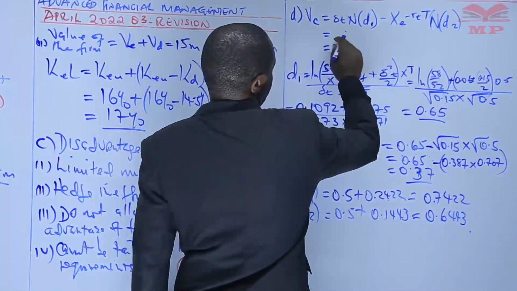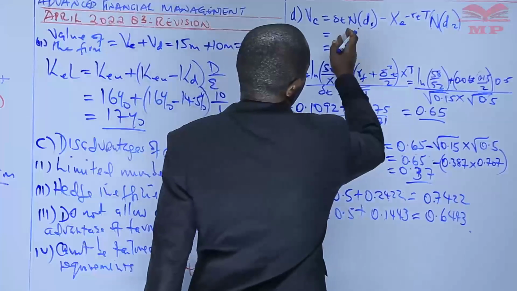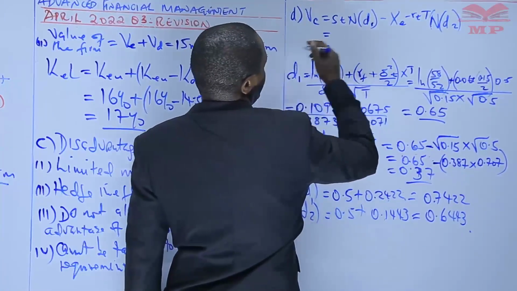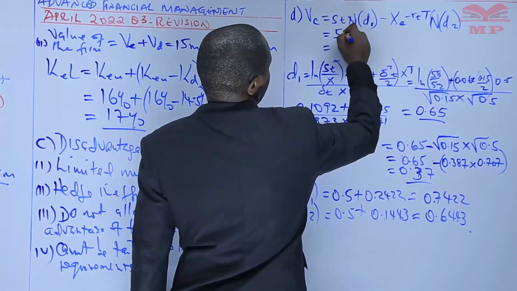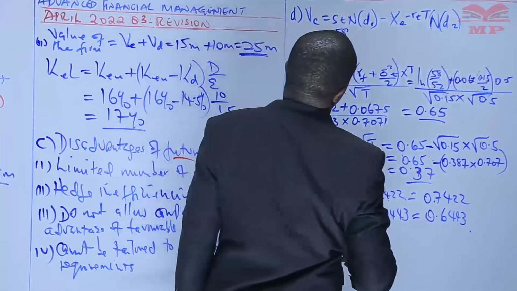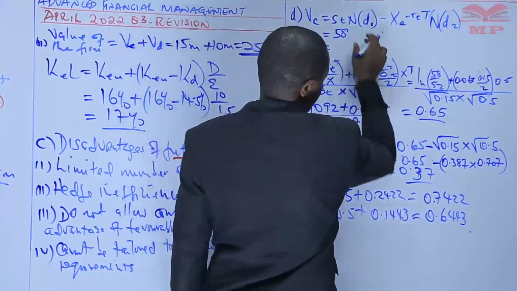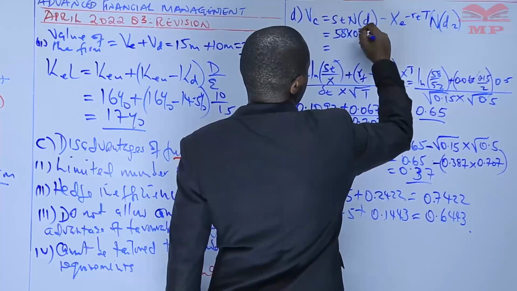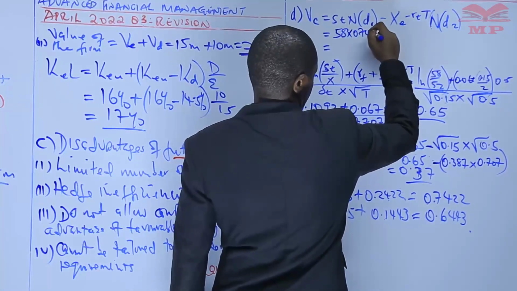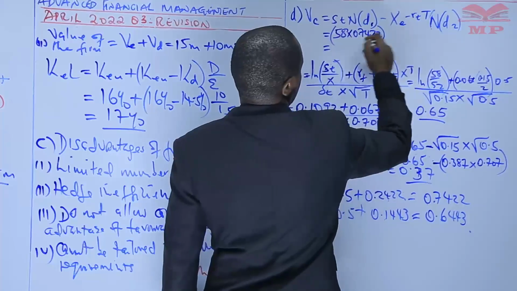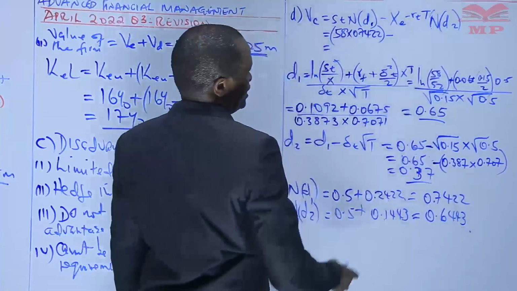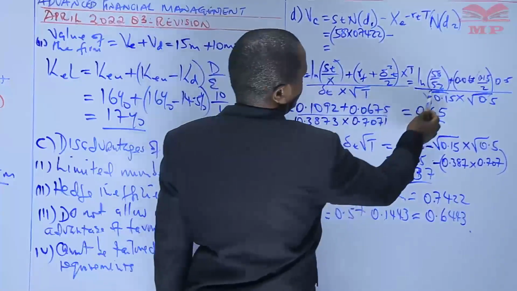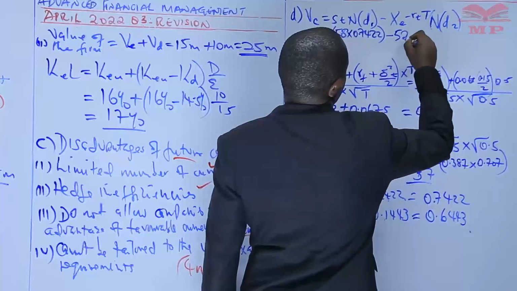So here we substitute the values in the main formula. The underlying asset price is 58, times N(D1) 0.7422, minus the strike price, which is 52 shillings.